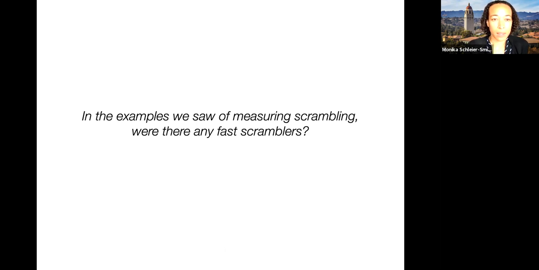Meaning that the characteristic time scale for this out of time order correlation function is only logarithmic in the number of qubits. In this case, they were all systems of qubits, or the number of sites. Was anything a fast scrambler? Is anyone willing to answer that question?